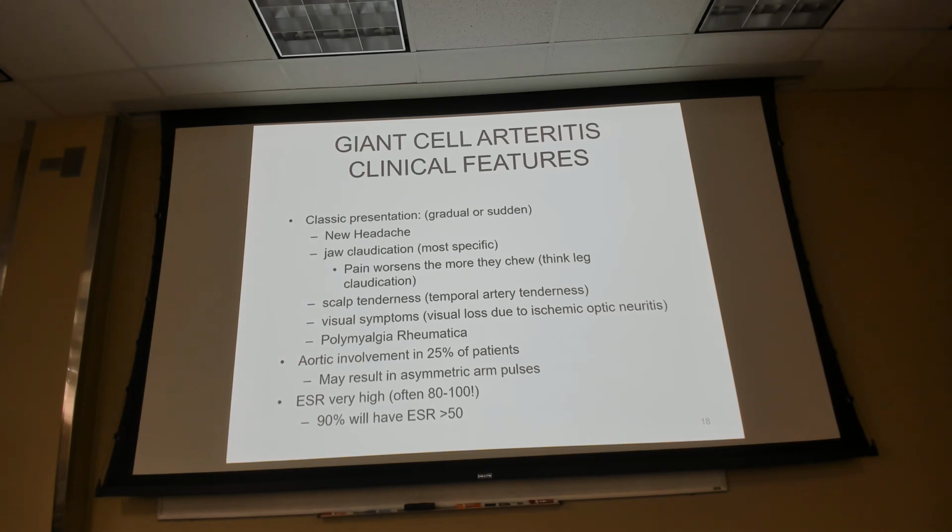We check them at the same time and they should feel the same. ESR, if you do some of the testing, could be very high. 90% of the individuals with GCA will have an ESR that is greater than 50.